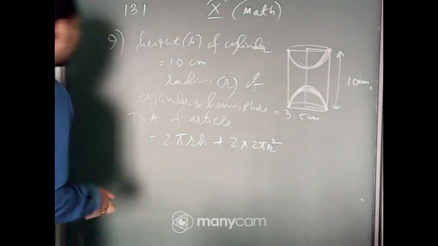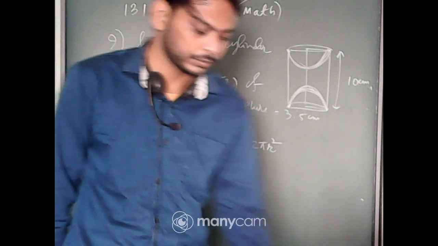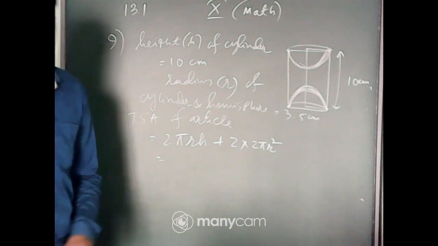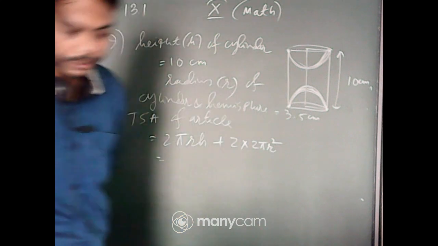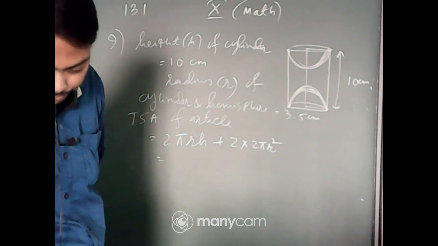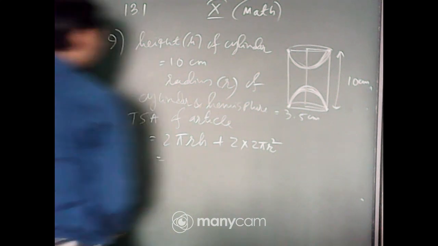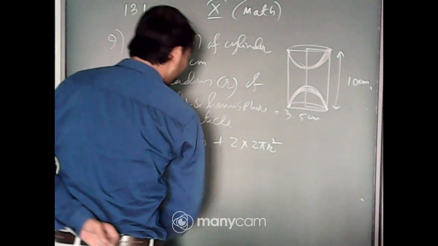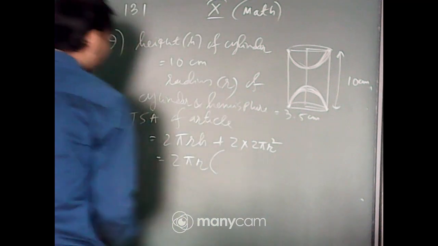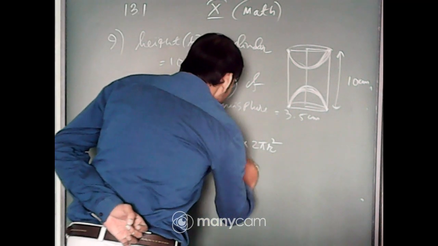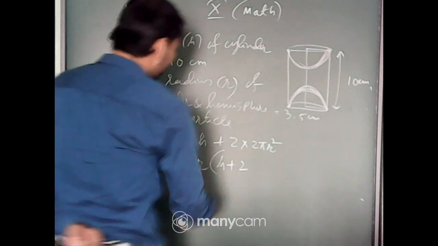Okay, now do the calculation. I am waiting. Do the calculation by yourself. First of all, taking common 2 pi r, it will be h plus 2r.